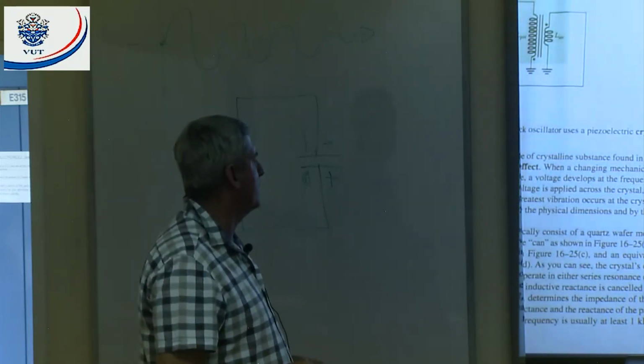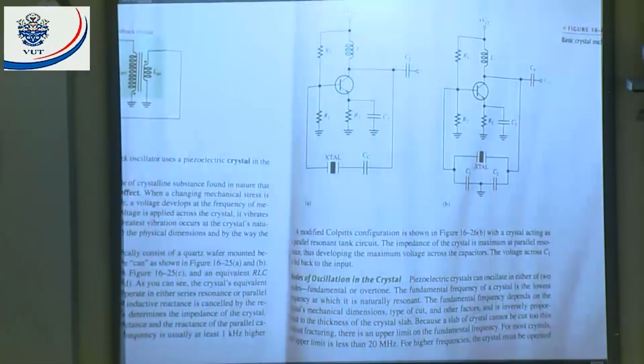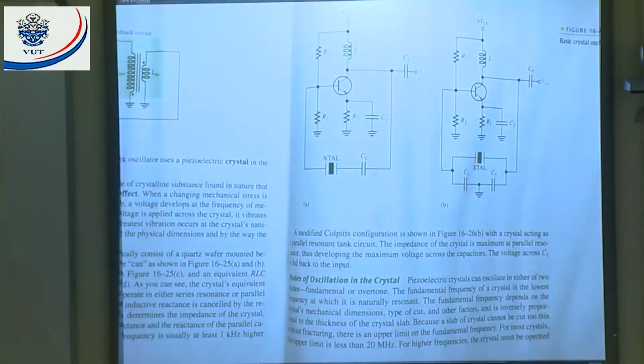The fundamental frequency depends on the crystal's mechanical dimensions, type of cut, and other factors, and is inversely proportional to the thickness of the crystal slab. Because a slab of crystal cannot be cut too thin without fracturing, there is an upper limit on the fundamental frequency. For most crystals, the upper limit is less than 20 megahertz.